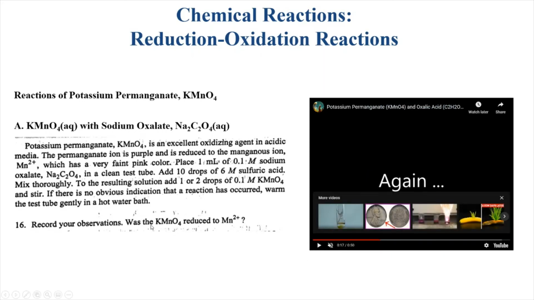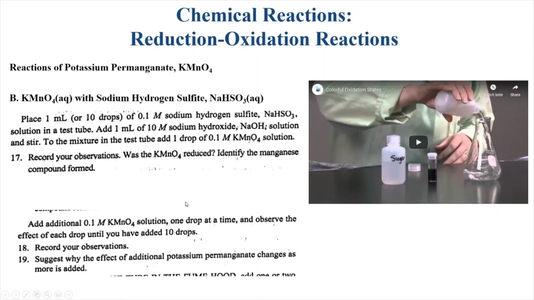Now, the experiment doesn't actually talk about what that gas is, but we have a species that has carbon and oxygen, and the gas that comes off is colorless and odorless. So you should be able to figure out from table 1, if we have a species that contains carbon and it generates a colorless, odorless gas, what that gas should be. And in fact, it is carbon dioxide.